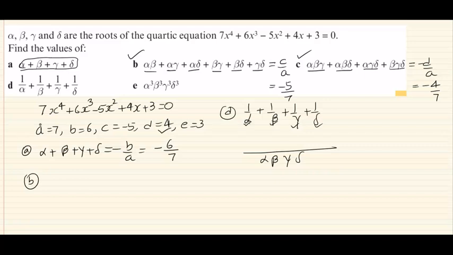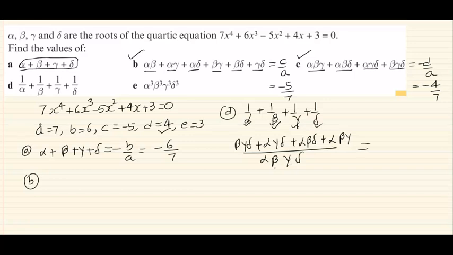Okay, alpha and alpha will cancel. Here it is coming beta, gamma, delta. For the second term, beta and beta will be cancelled. Here it will be alpha, gamma, delta. Third one, gamma and gamma cancel. It should be alpha, beta, delta. And then the last one, delta and delta will be cancelled. It should be alpha, beta and gamma, right?